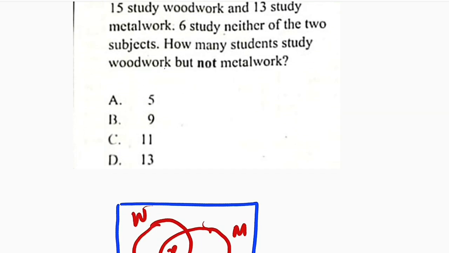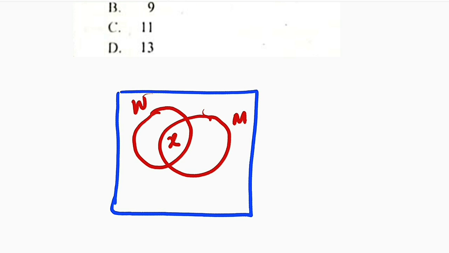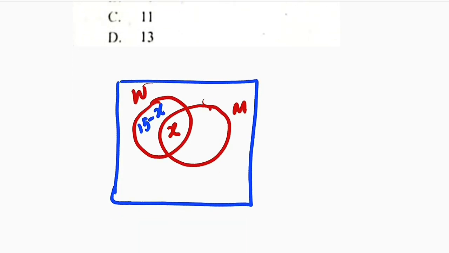So let's go back to the question. 15 studied woodwork. If 15 studied woodwork, we can write 15 minus X as the number of students that studied only woodwork, right? Then we have 13 students that studied metalwork. So here we have 13 minus X as the number of students that studied only metalwork. Because if you include this, we have some certain number of students that studied both metalwork and woodwork.